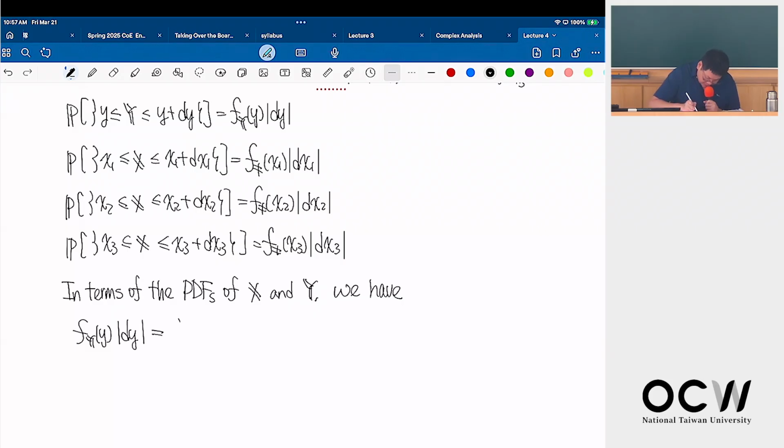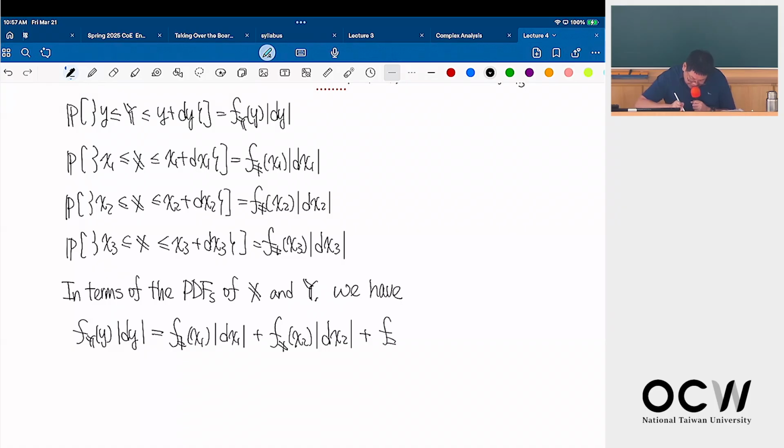That'll be f of x at x1 times dx1 plus f of x at x2 times dx2. And the last term, f of x at x3 times dx3.